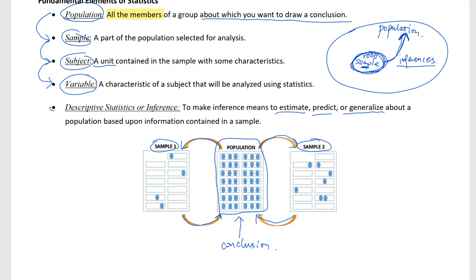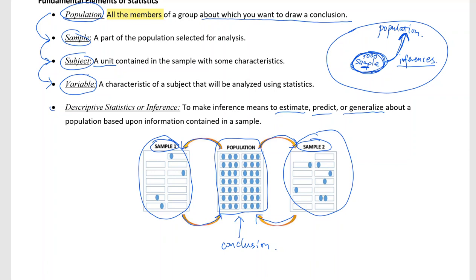So you randomly select two samples from the population and then use the conclusions about these two samples to make the conclusion about the population. So these two samples come from the population and then come back to make the conclusion about the population. Got the idea?